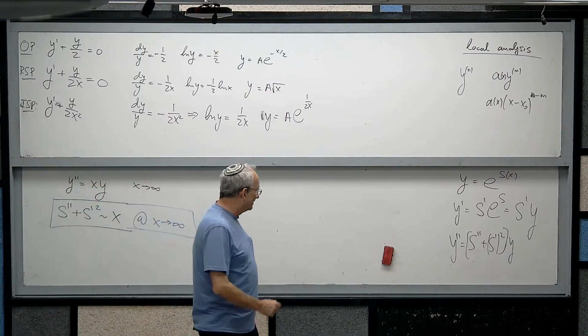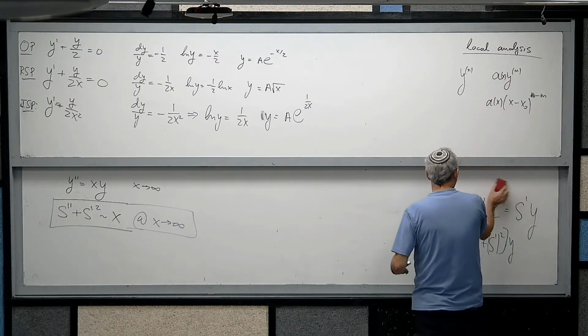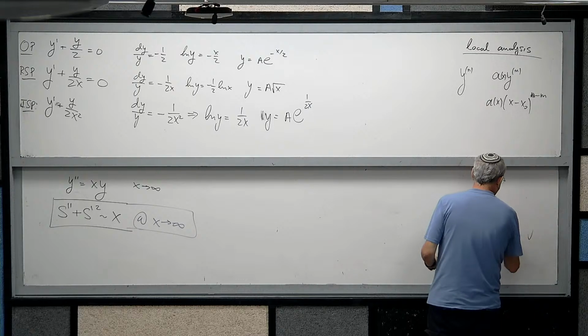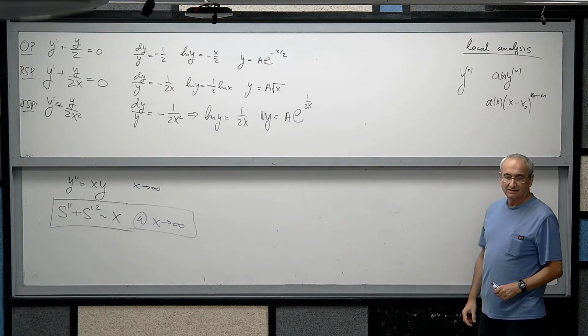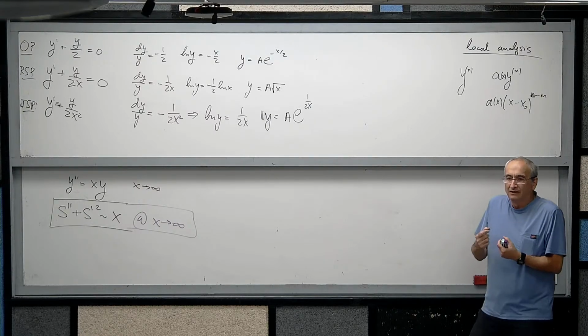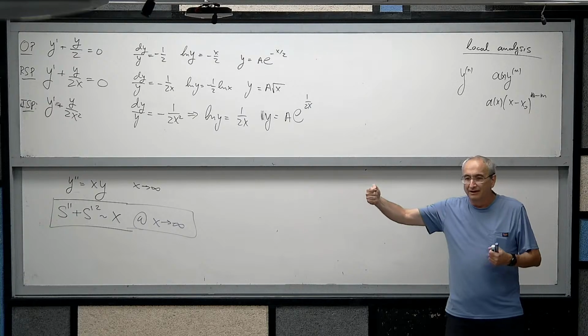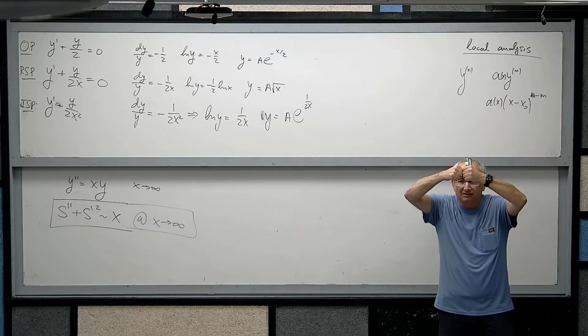So this very small change makes our life fantastic. Why? Because now we can implement the other trick that we mentioned last lecture, which is doing dominant balance. We have 3 terms, and we guess that when we take x to infinity, one of them will be negligible, and the 2 others will cancel each other.